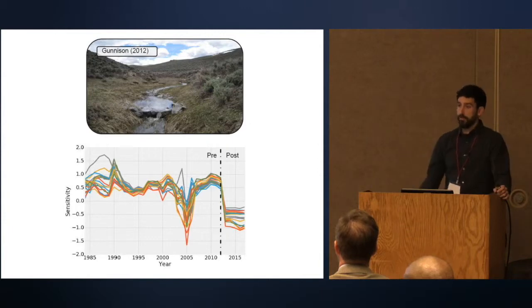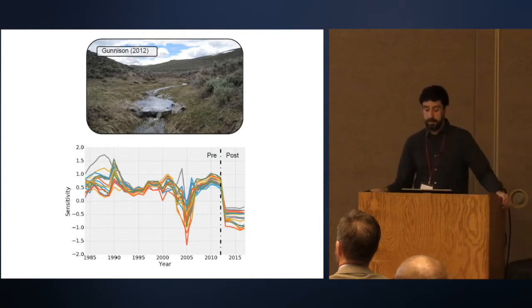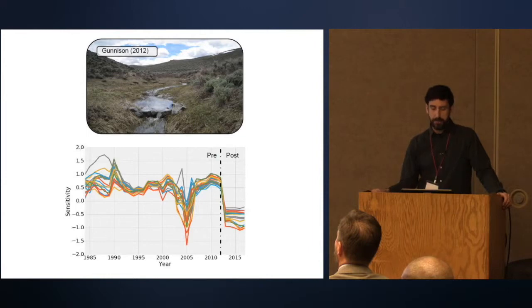Essentially, you're lowering the bathtub of water, or that natural storage. And then in 2005, there was a big rain event, a really wet year, and that refilled it back up to its equilibrium state. So anyway, some other really interesting things you can pick up when you look at this over time.